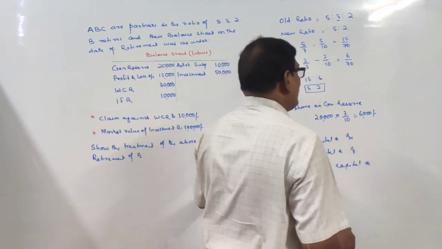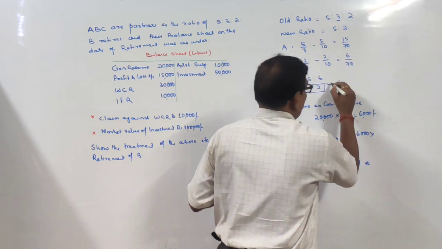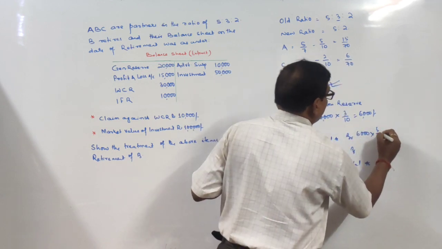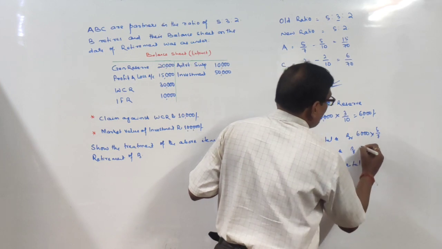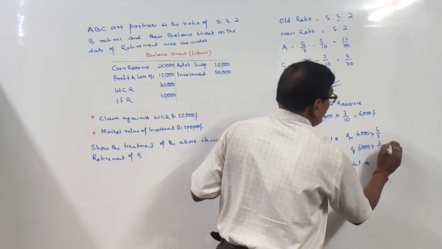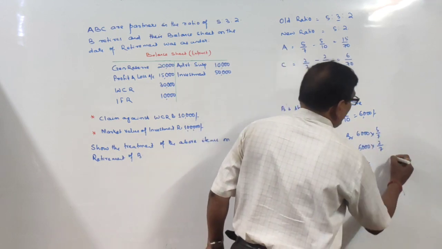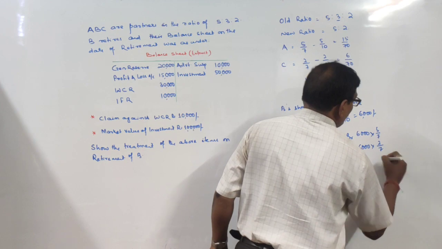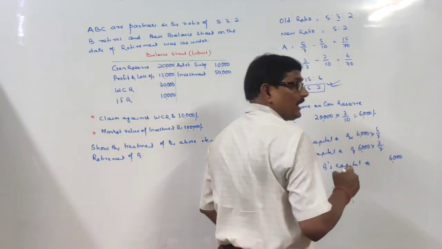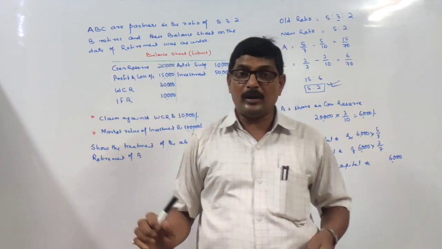Right? So A will compensate 6,000 into 5/7. C will compensate 6,000 into 2/7. You should not write it in this way. You have to write the figures, and B will be credited with 6,000 rupees. If this be the case, in the new balance sheet, the general reserve will be shown at 20,000.